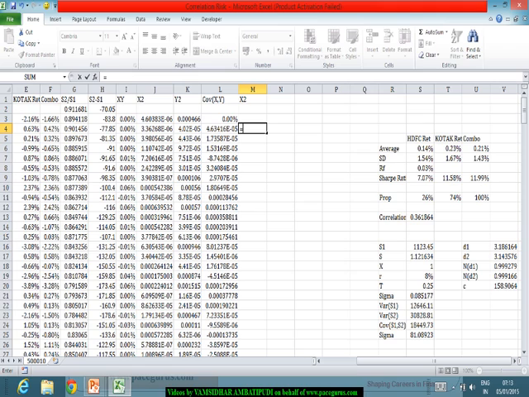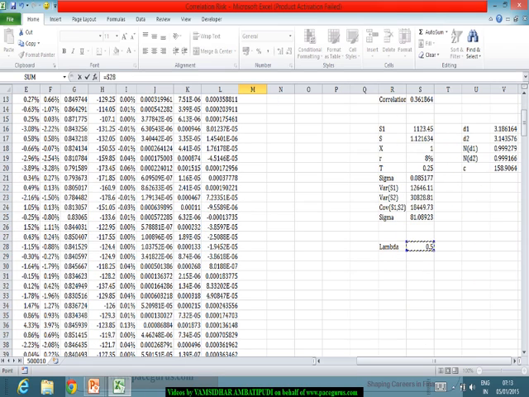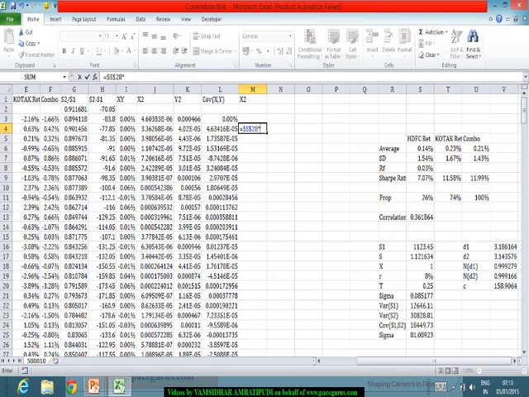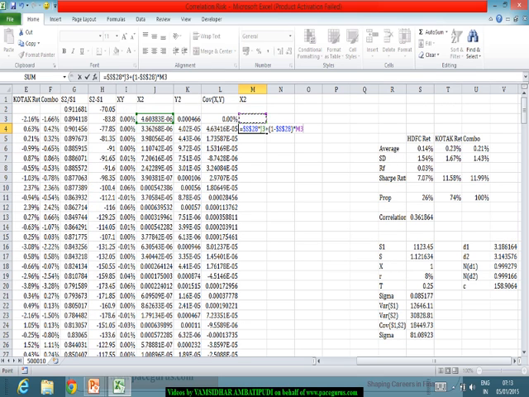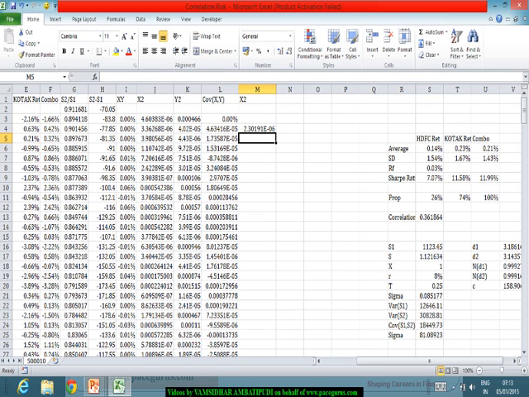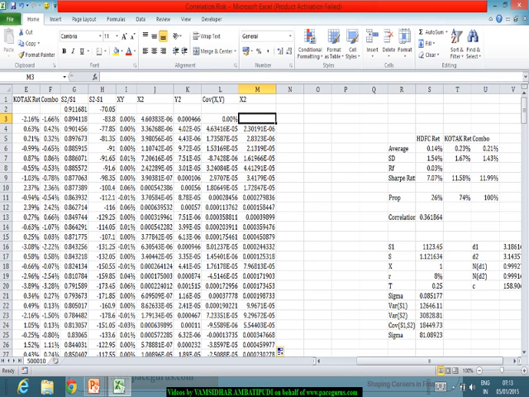Again, with the same logic, I'll use lambda factor, multiply it with the x squared of the previous, and I'll take 1 minus lambda and I'll multiply it with the variance as of the previous period. So this is what is going to give me my variance on a variable basis.